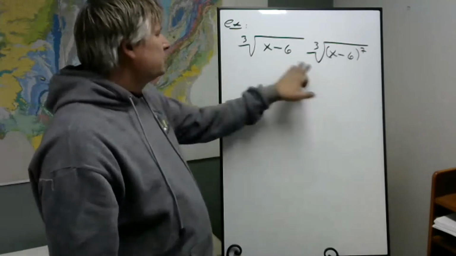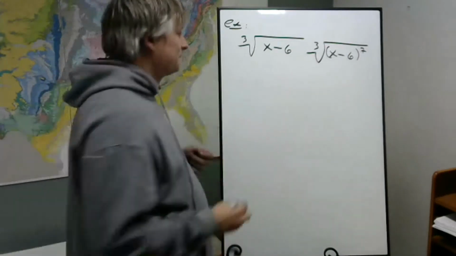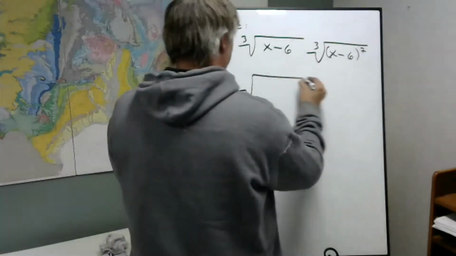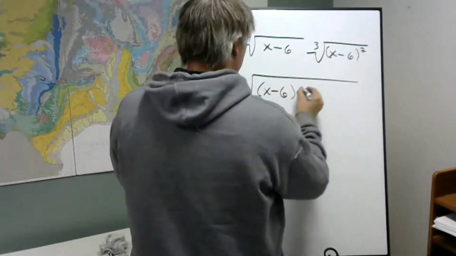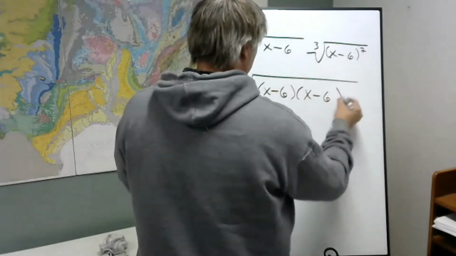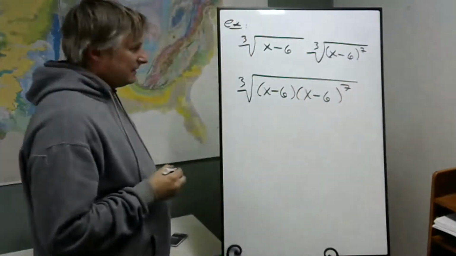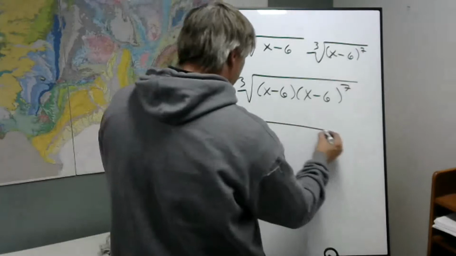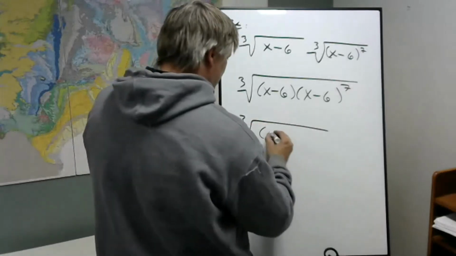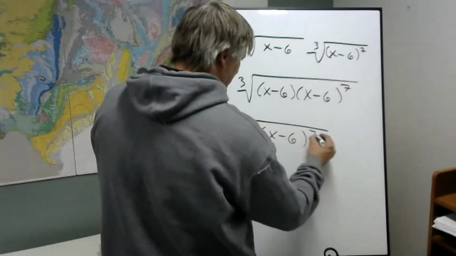Well, same roots, we combine into one root. So we can combine them if we want to. We might want to, you might be thinking how we could maybe break this up.